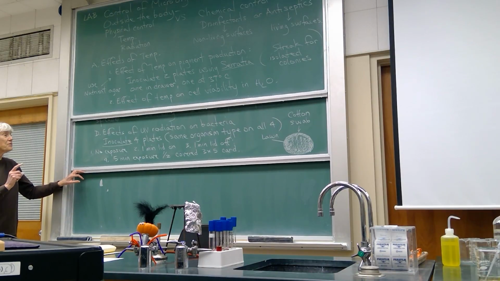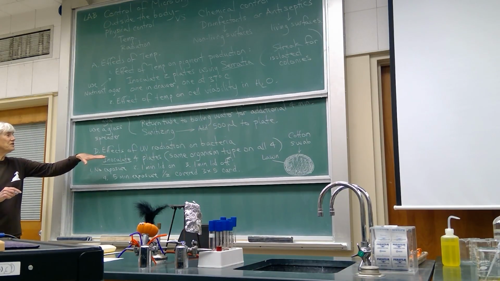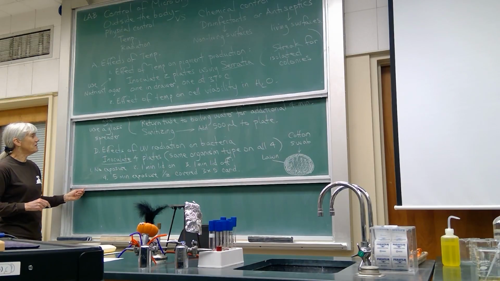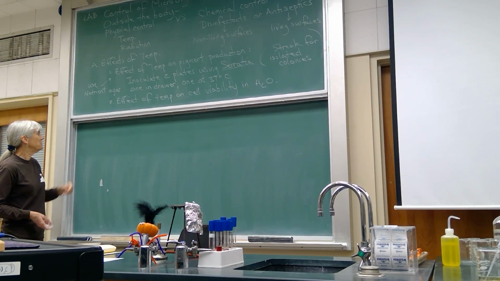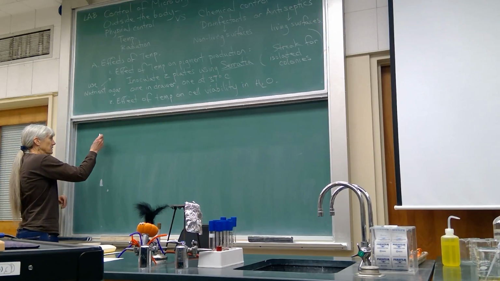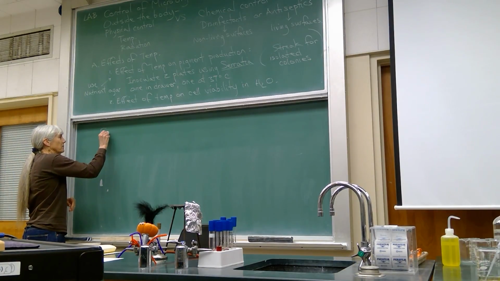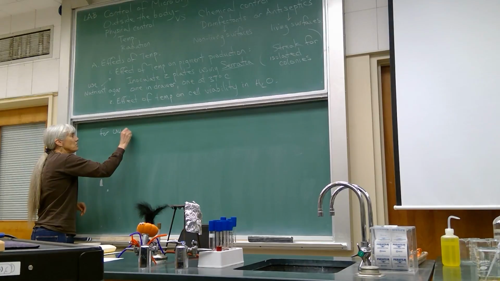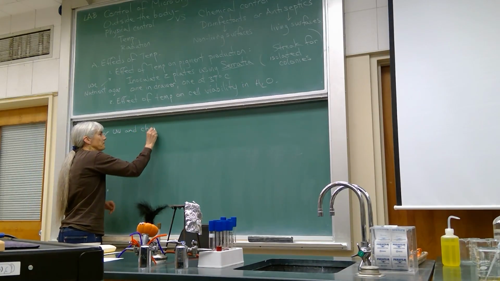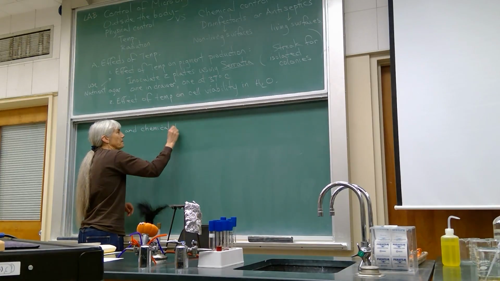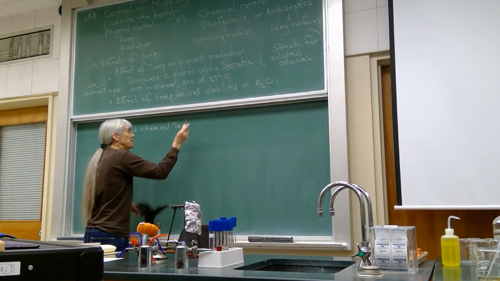Okay. Now for this one, because you're using different organism types, they don't necessarily all go on the same medium type. But for the UVs, and also the chemical thing, which I'm going to explain next.